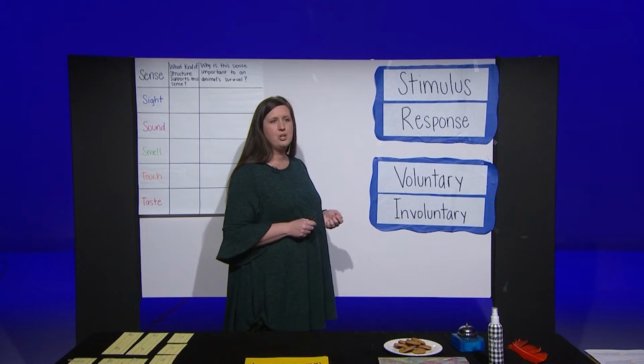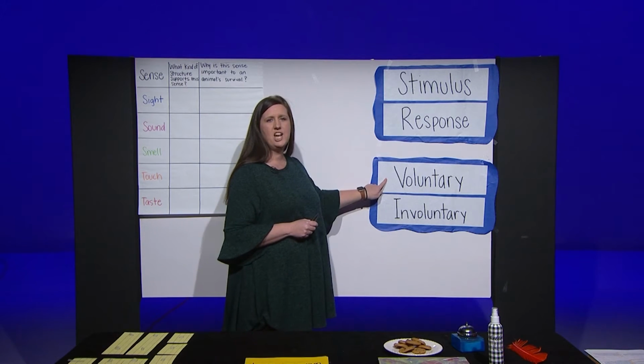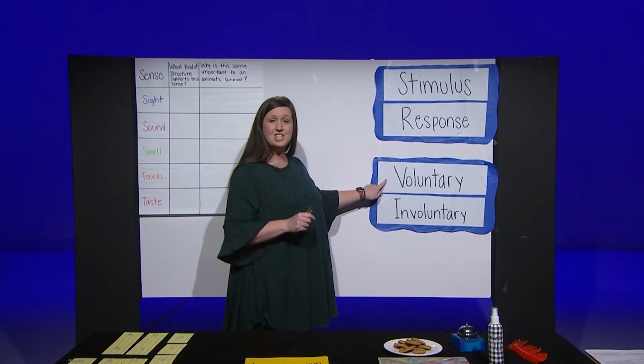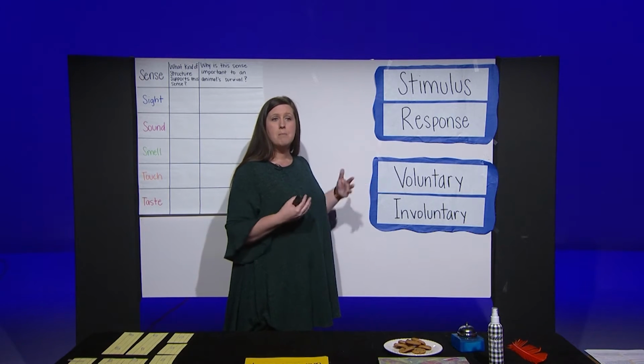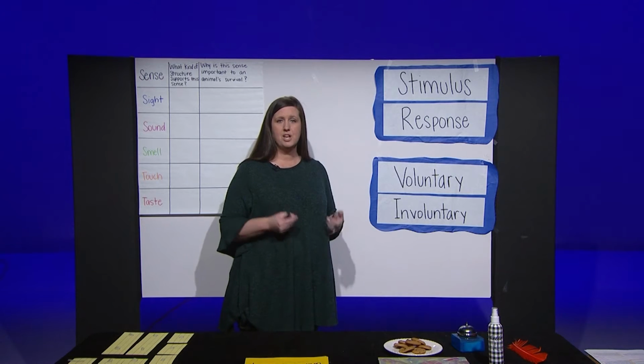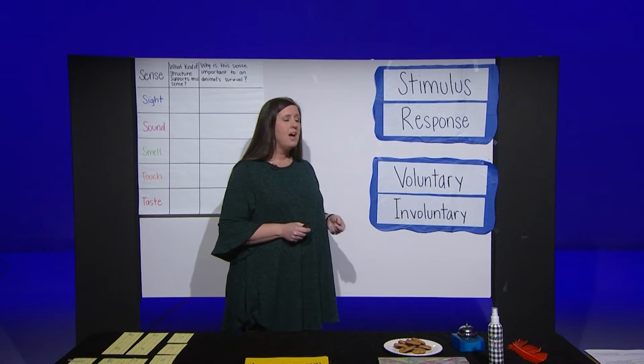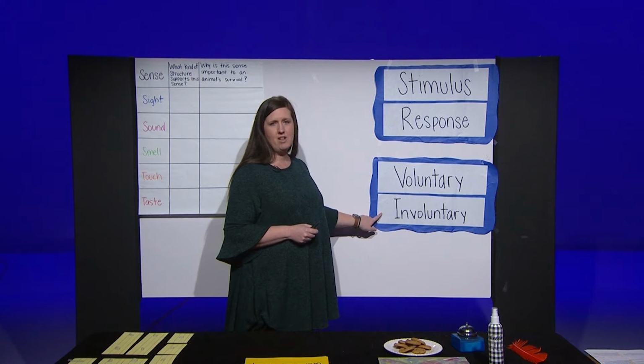Let's look at our next 2 words. Voluntary. Can you say voluntary? Voluntary. Good job. Voluntary means to volunteer to do something. You choose to do it. Our next word is involuntary. Say involuntary. Involuntary. Good job.